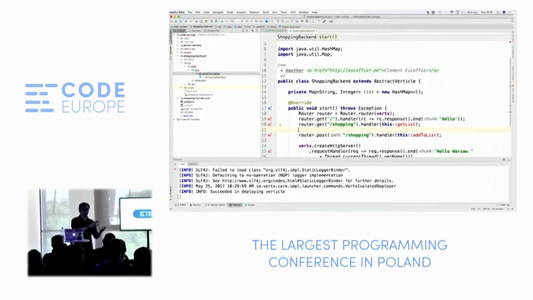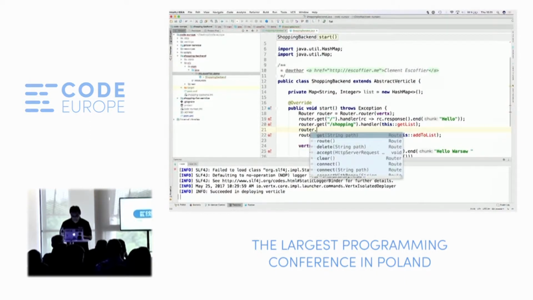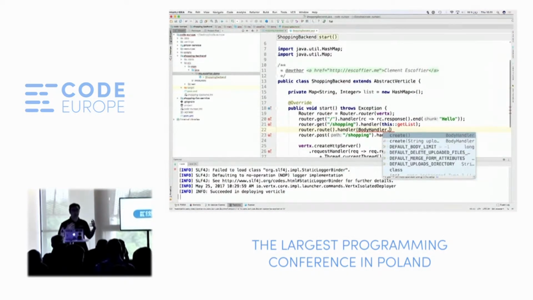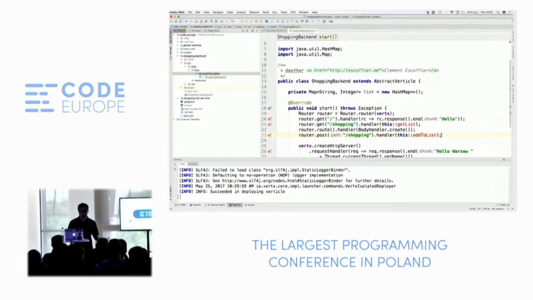The request is going to contain some JSON that tells me which product and the quantity. So I need to tell Vert.x to say, okay, from now on, you need to have the body handler. By default, we don't, because for performance reasons Vert.x is not parsing your body, because the body can be big. So you have to add this line to really say that. Let's also do a delete.